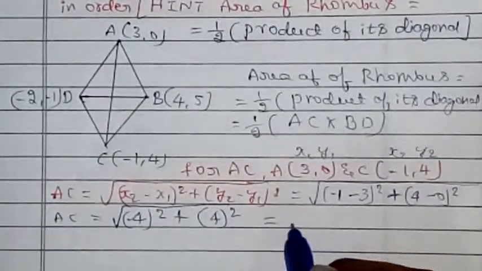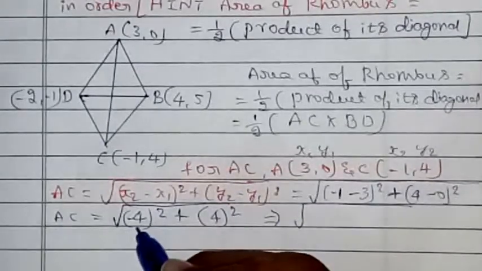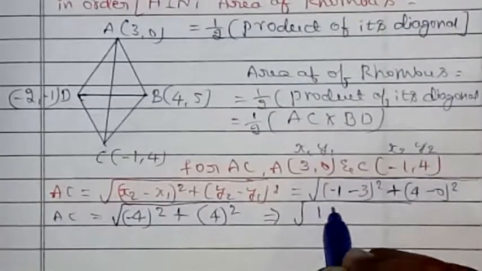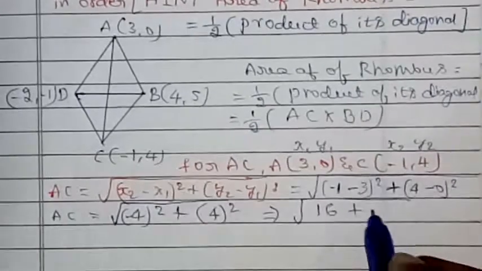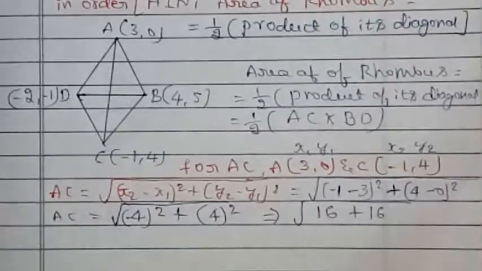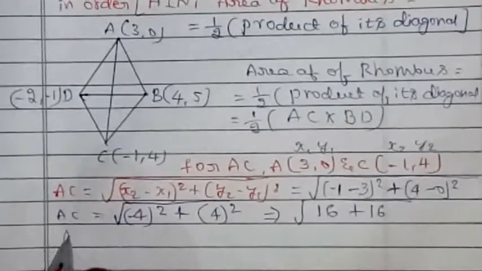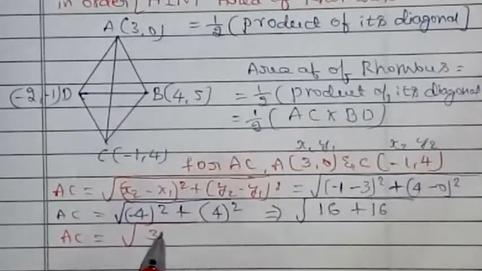This implies the square root of, any minus square will be plus, so 4 square is 16, minus 4 square is 16, plus 4 square is 16.